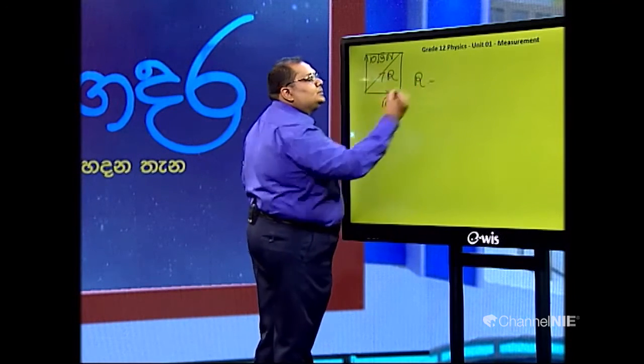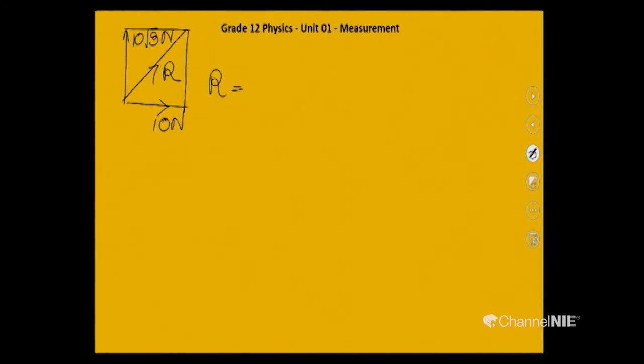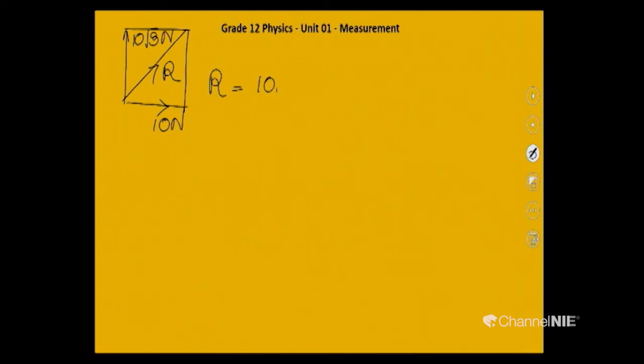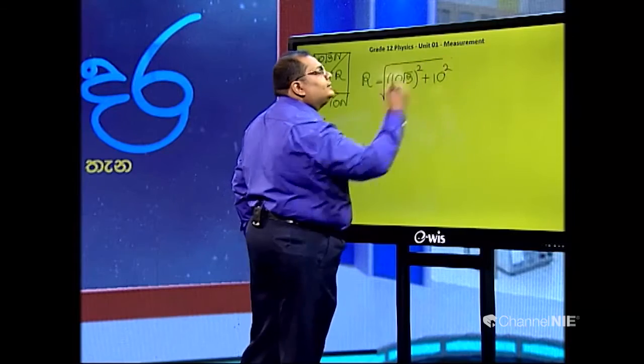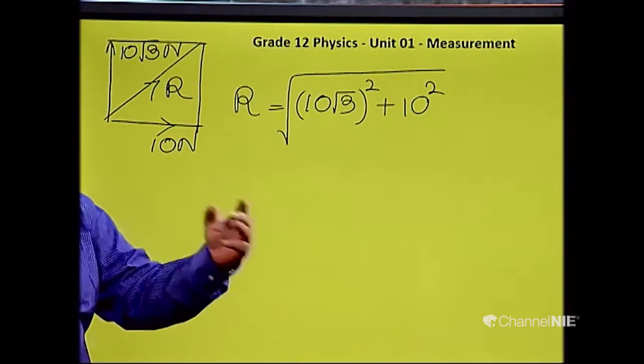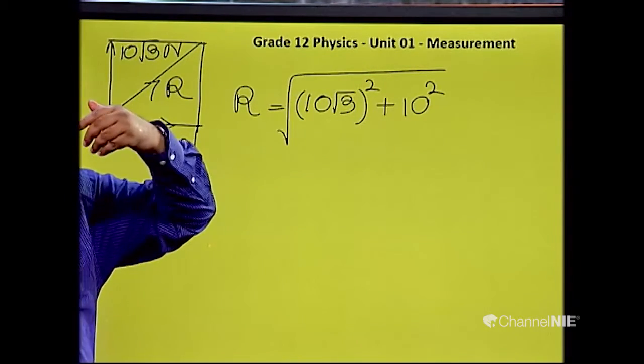Then resultant is equal to the square root of this square plus this square, Pythagoras principle, 10 root 3 squared plus 10 squared, square root of whole thing. 10 squared we know 100, and root 3 squared is 3. 100 into 3, 300. 300 plus 100, 400.